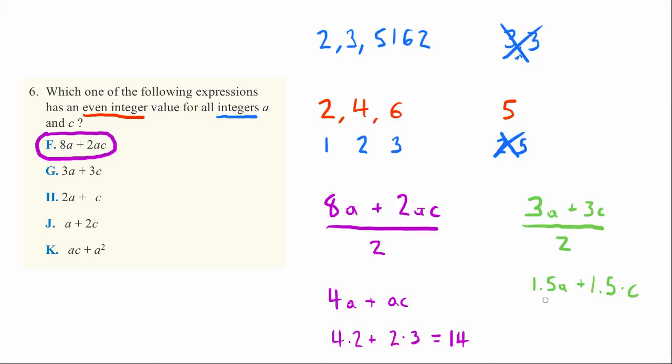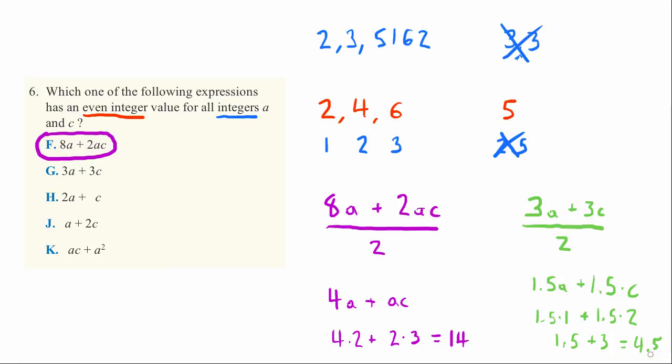So let's say we set a equal to 1, so then we have 1.5 times 1. And let's say we set c equal to another integer, 2. We'd have 1.5 times 2. Then we have 1.5 plus 3, and this is equal to 4.5, not a whole number.